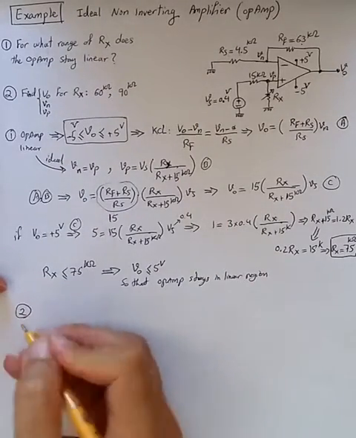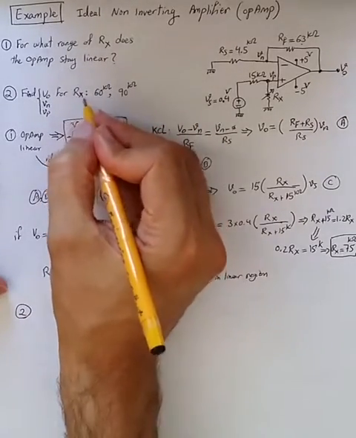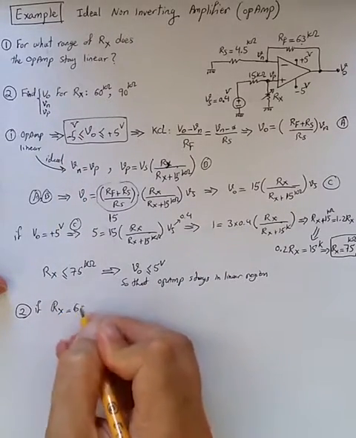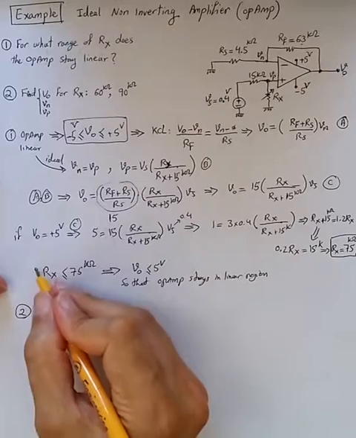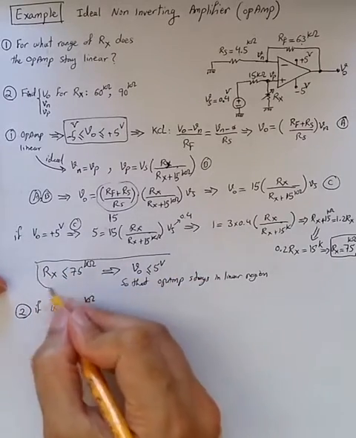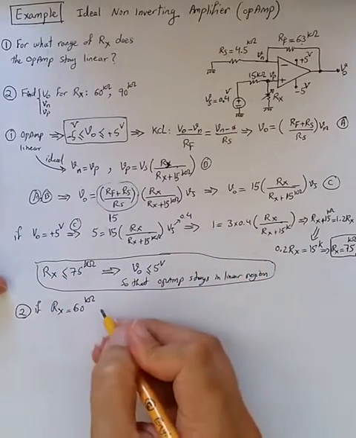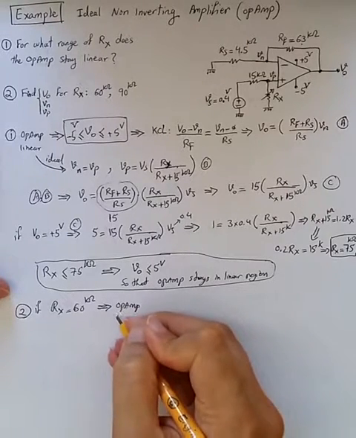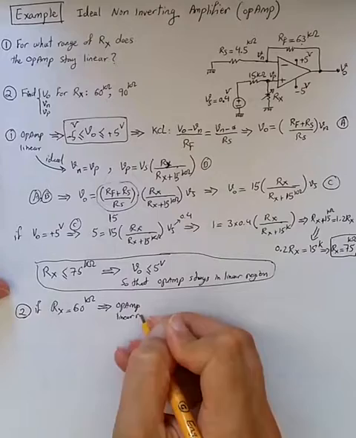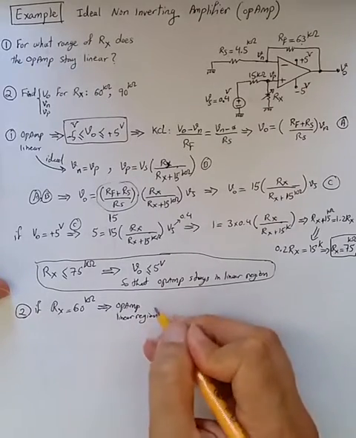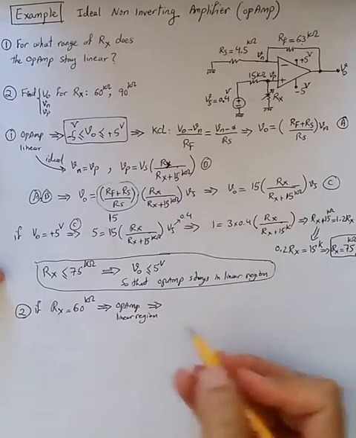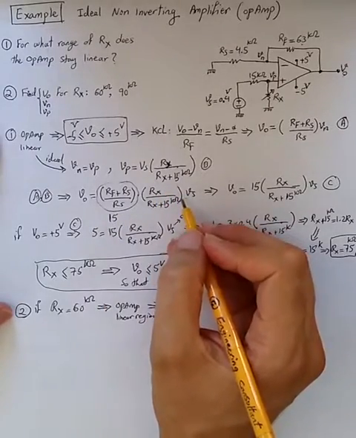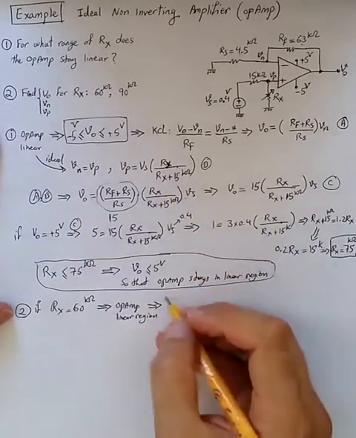And now for 2, it's easy. If Rx is 60K, because it's less than this, we know the op-amp is in linear region, and going back to the same equation we found here, we can find the value of VO.